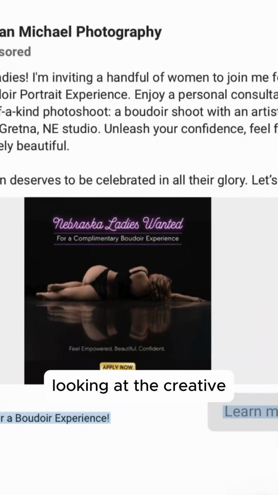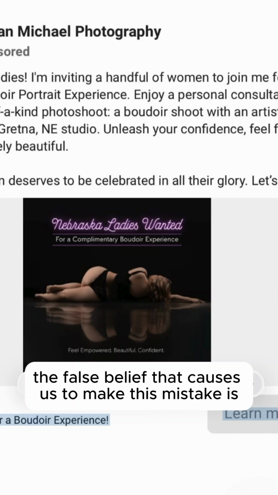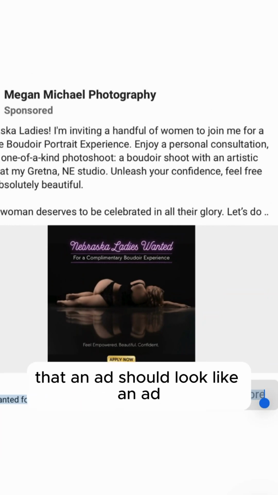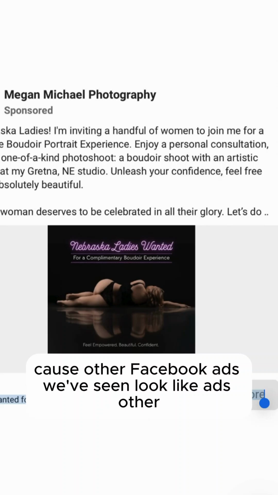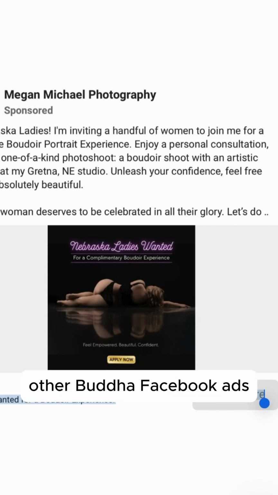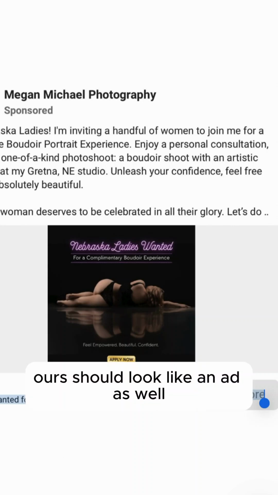Finally, looking at the creative, yeah, we got the looks like an ad mistake. The false belief that causes us to make this mistake is we actually believe that an ad should look like an ad because other Facebook ads we've seen look like ads, other Boudoir Facebook ads, other ads on Facebook, and so we believe ours should look like an ad as well.